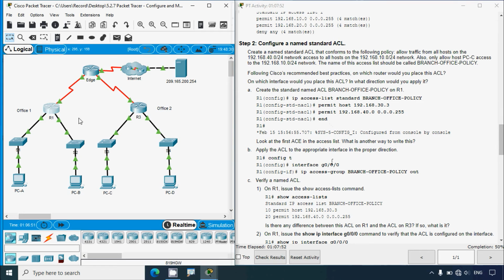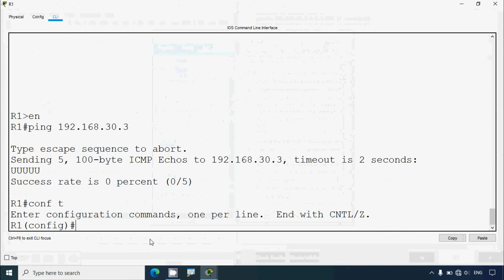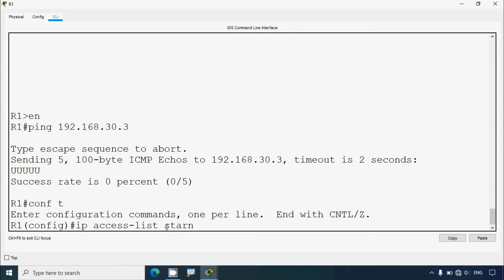We will go to R1 and give these commands. conf t, and here we give ip access-list standard. Then we give its name. I already copied it. Okay, then press enter.